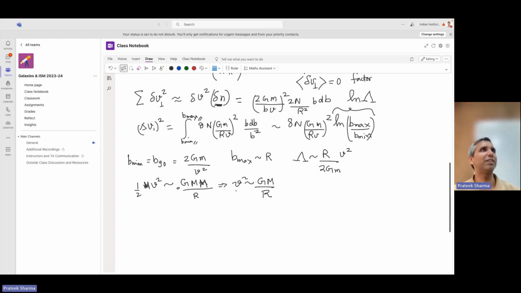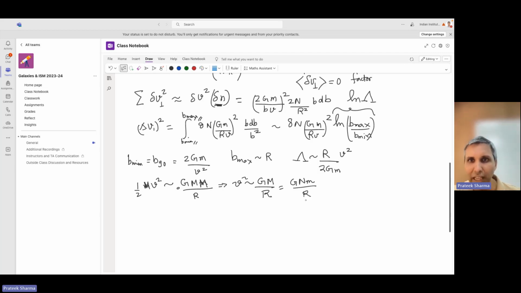The circular velocity in a galaxy, or the velocity dispersion in an elliptical galaxy, satisfies this sort of virial relationship. So if we plug that in there, what do we get for lambda? This is nothing but G times N times small m by R, right?